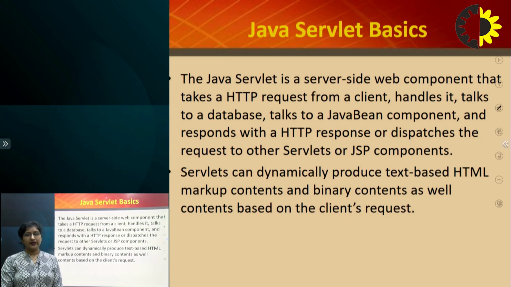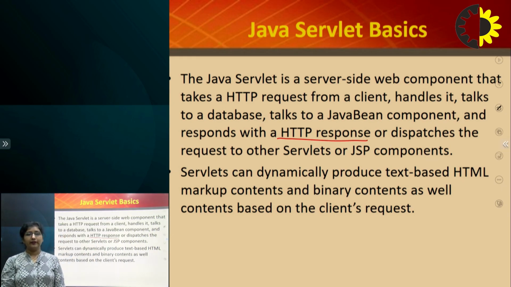The Java servlet is a server-side component and it takes an HTTP request from the client. It will handle that request from the client, take that request to the database, so it can talk with the database. If a Java Bean component is required, it will talk to that Java Bean component and respond back with the HTTP response.